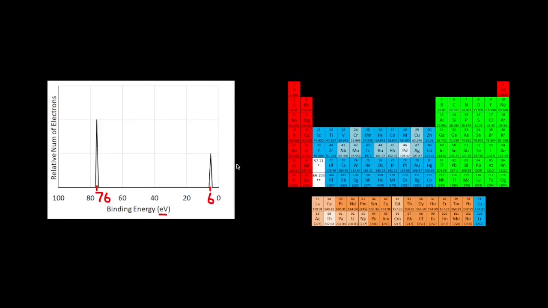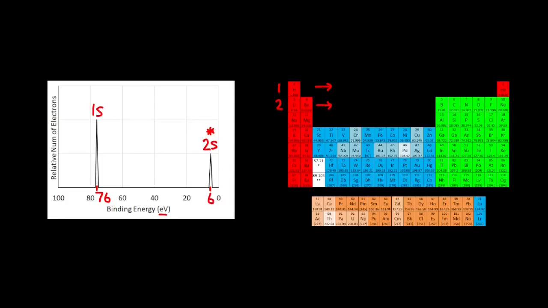So following the periodic table, we start at energy level 1 and move to the right and down. So the first peak represents the 1s subshell, and the second peak represents the 2s subshell. So this must be the valence shell, because it's a lot easier to eject an electron, as it has a much lower binding energy than the 1s subshell.